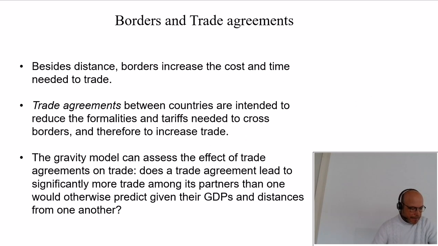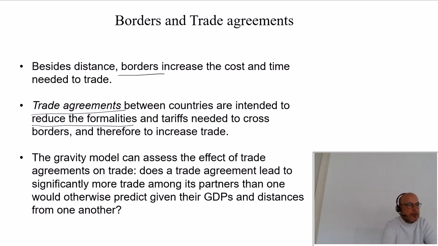Okay, and now we want to have a deeper look at the effect of institutions forming a common market, and the last one will be that we want to have a look at the effect of borders. So trade agreements in general want to reduce formalities.